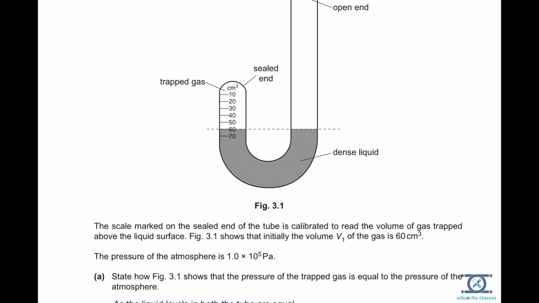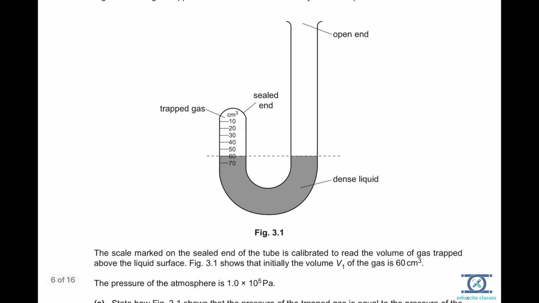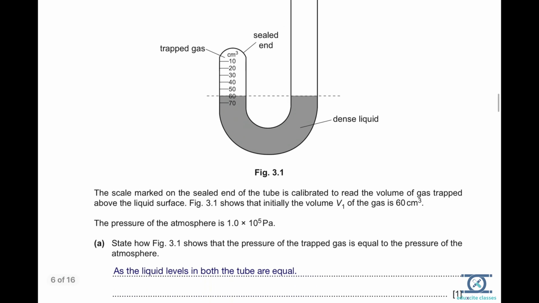The pressure of the atmosphere is 1.0 into 10 raised to power 5 Pascal, that is 1 atm. So the atmospheric pressure is also given to you, which is acting at the open end, because the sealed end has no atmosphere in contact with it. So atmospheric pressure will act in this direction.